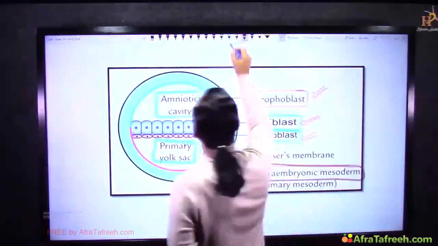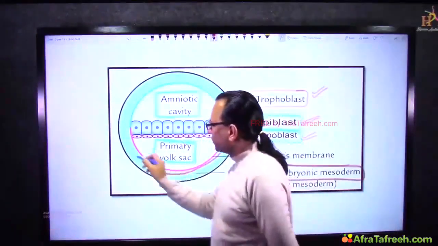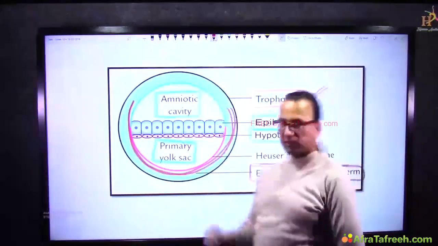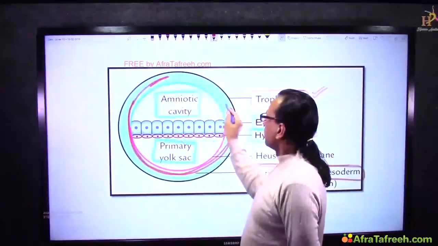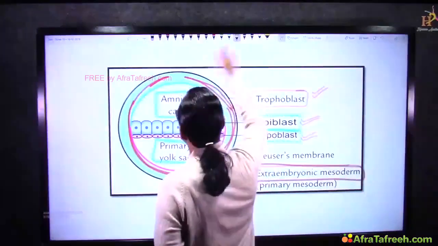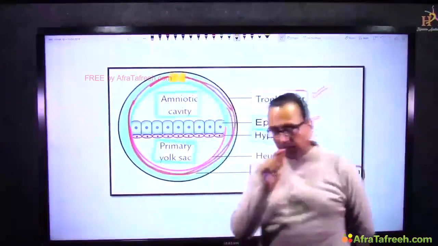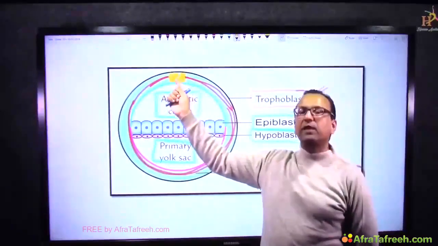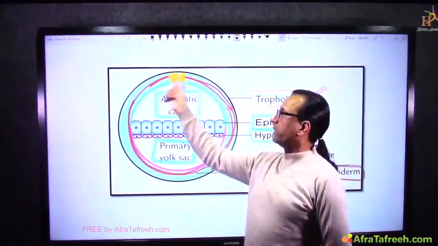You mean to say now there is some cavity going to develop within the mesoderm? Yes, and that cavity which develops within the mesoderm is not all around. It will be missing from this area. If it is missing from this area, what is that called? That will be called the connecting stalk, the primary umbilical cord.